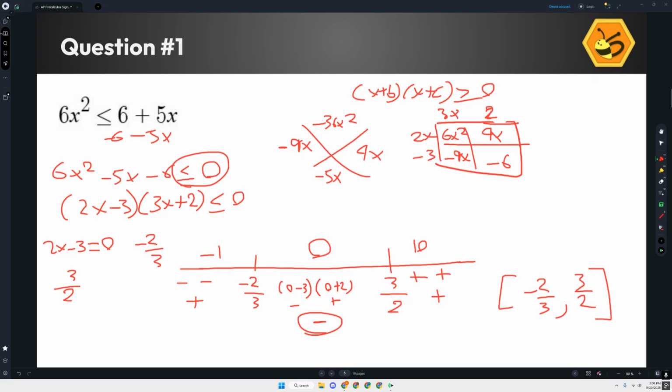So any questions about this question? You could just try out factors. You could also just try plugging in numbers.